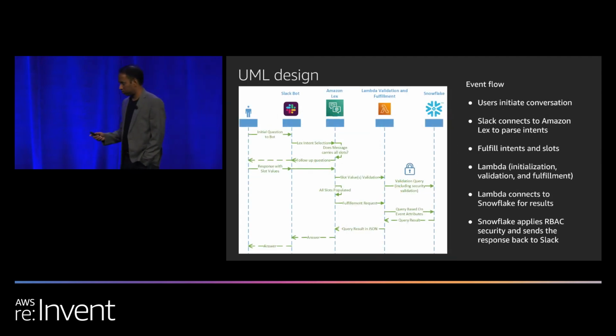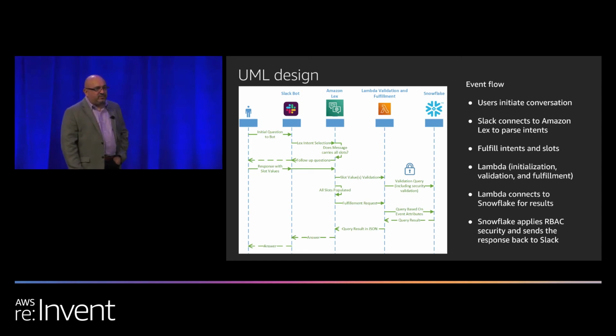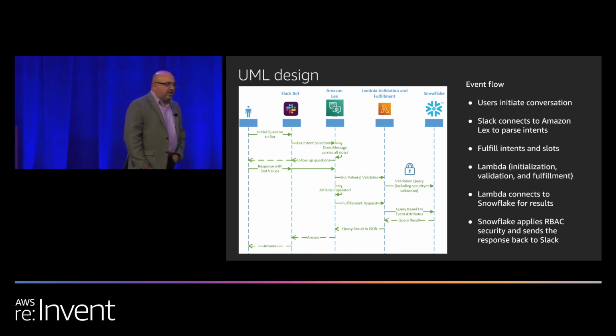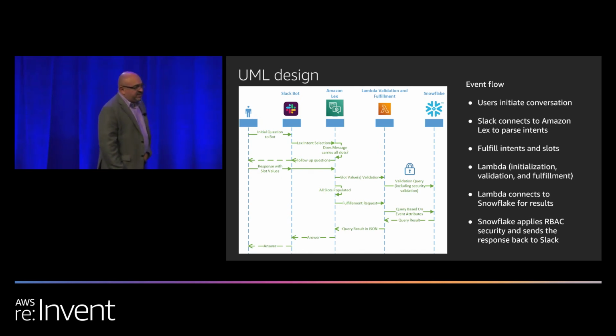So if you look at that, Amazon Lex has native integrations with several platforms, Slack being one of them. There are integrations with Facebook Messenger and some other interfaces, and you can also build your own custom web page. We chose Slack for the simple reason that it gives us the advantage of single sign-on that's already built into Slack for us.